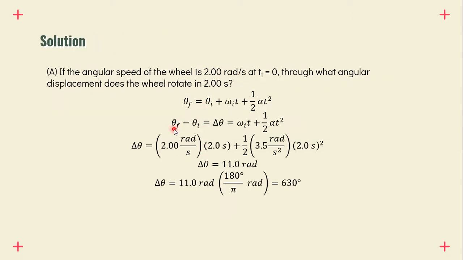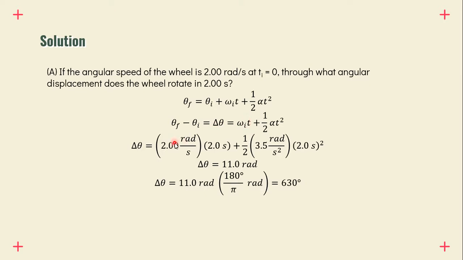So we have theta f minus theta i, which is just delta theta, is equal to omega i t plus 1/2 alpha t squared. If you can notice, this is similar to the equation s is equal to v i t plus 1/2 a t squared. So that makes it easy to memorize.